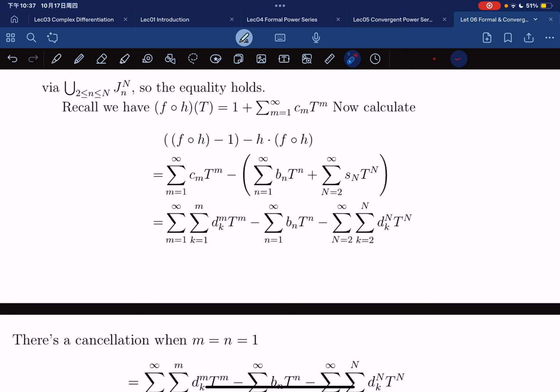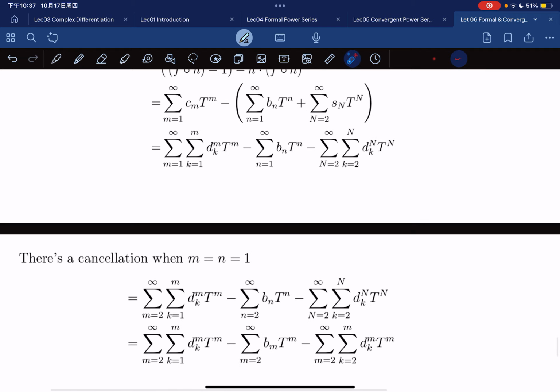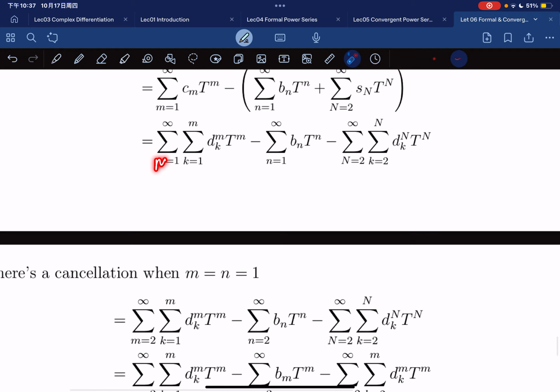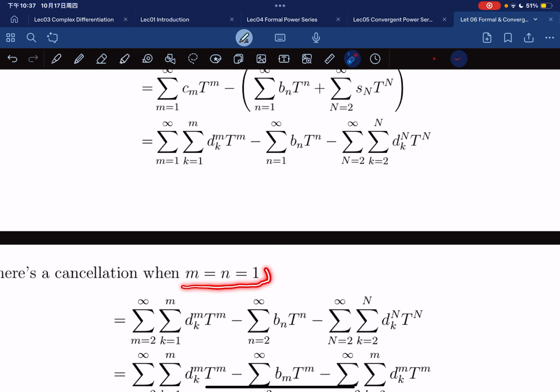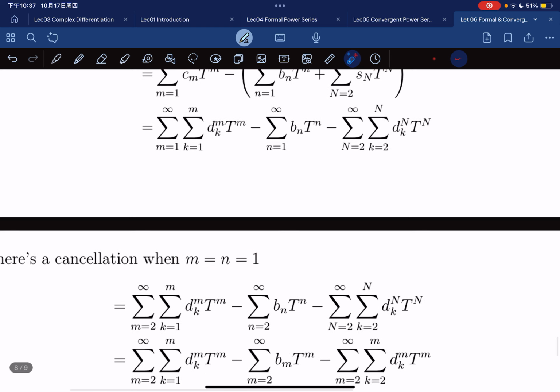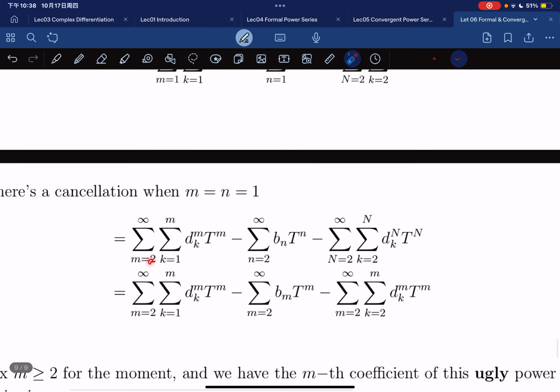And notice that this is a formal power series. It's a formal subtraction. Formal, okay? Remember that when m is equal to 1, right? There's a cancellation when m and n are equal to 1, right? So this actually starts from 2 and this starts from 2 because this subtraction here cancels them out. So this starts from 2, right, into k2.